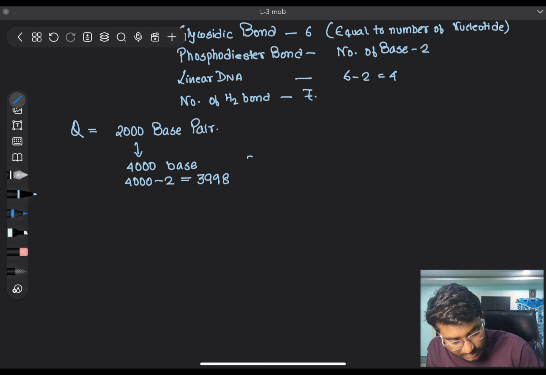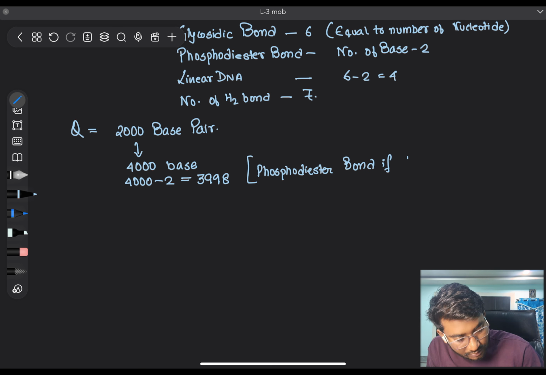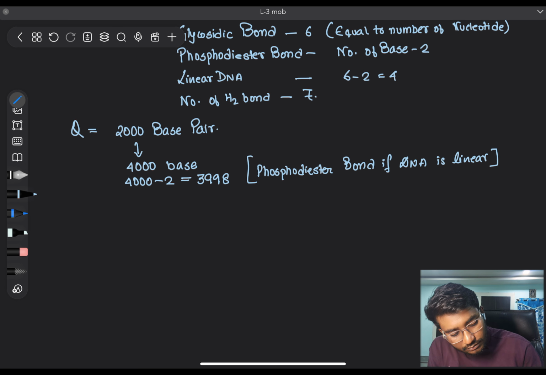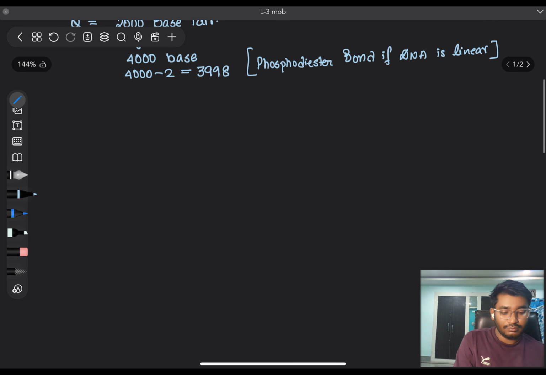So this is the number of phosphodiester bonds if DNA is linear.